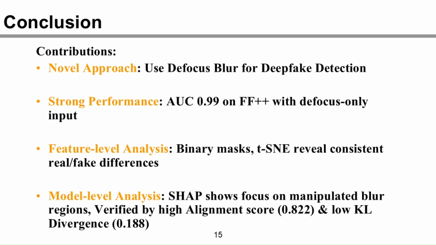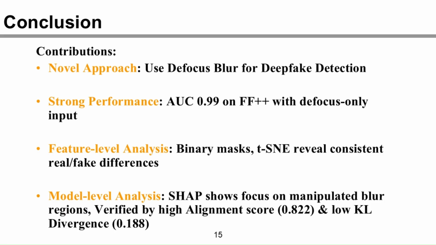To conclude, I'd like to summarize the main contributions of our study. First, we propose a novel approach. To our knowledge, this is the first study to use defocus blur as the main signal for deepfake detection. Second, we showed it has strong performance, achieving 0.99 AUC on FF++.